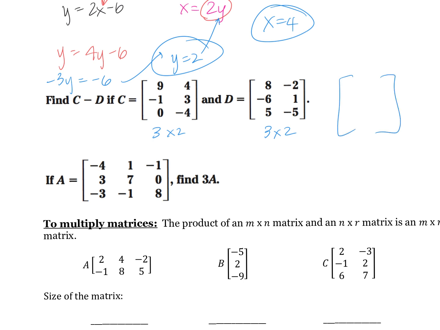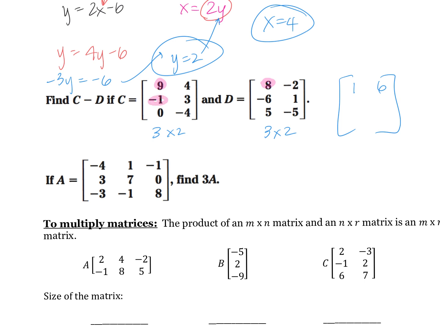So it's just going to be a 3 by 2 as well. And we're going to just say, now we just have to go 9 minus 8. What's 9 minus 8 going to get me? 1. Then we've got to do 4 minus -2. What's that going to get me? You got this, people. 4 minus -2 is 6. Bandy, you got some candy coming towards you.